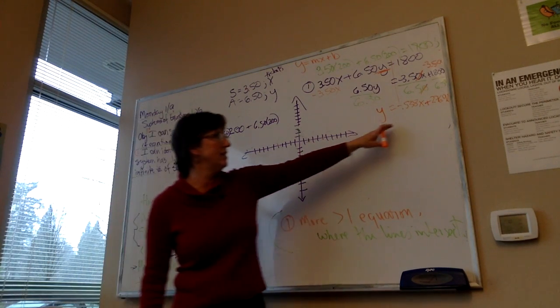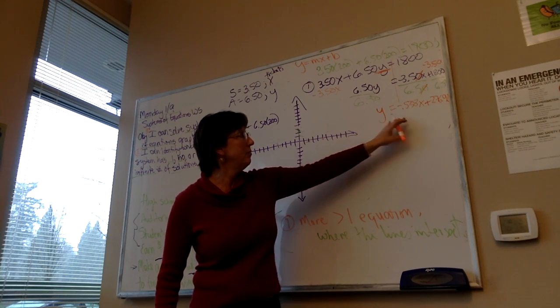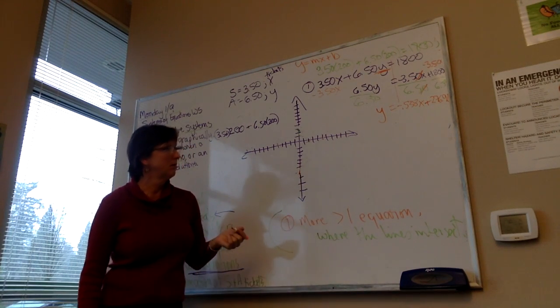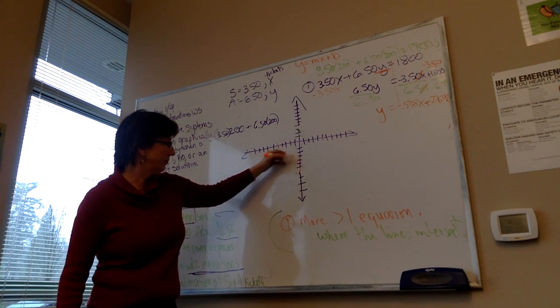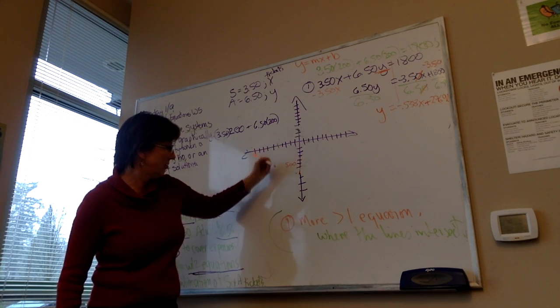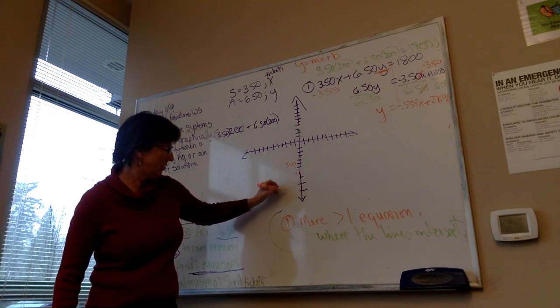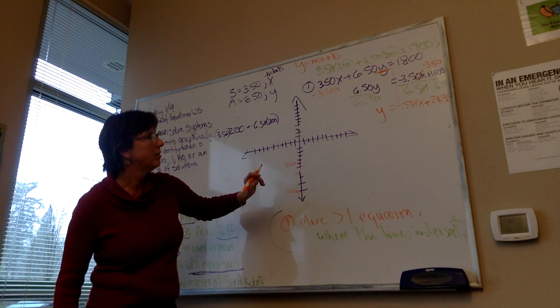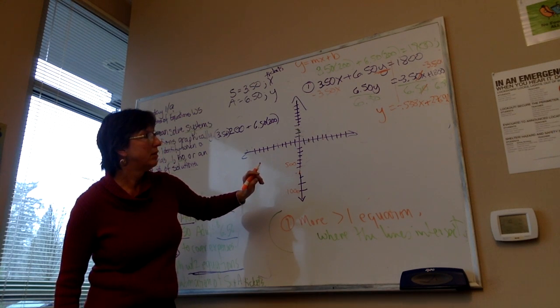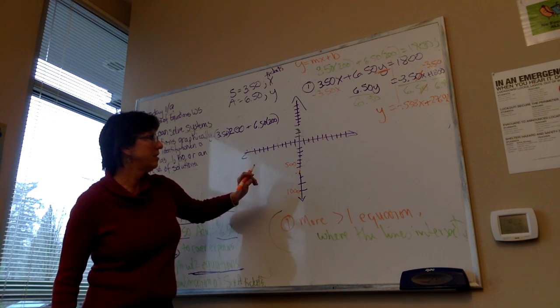Alrighty, so can we graph this? Damien, what is the y-intercept? Say it again. When x is 0, what is y?